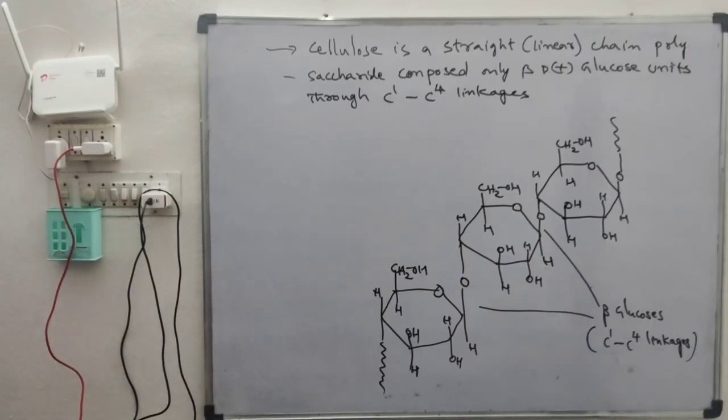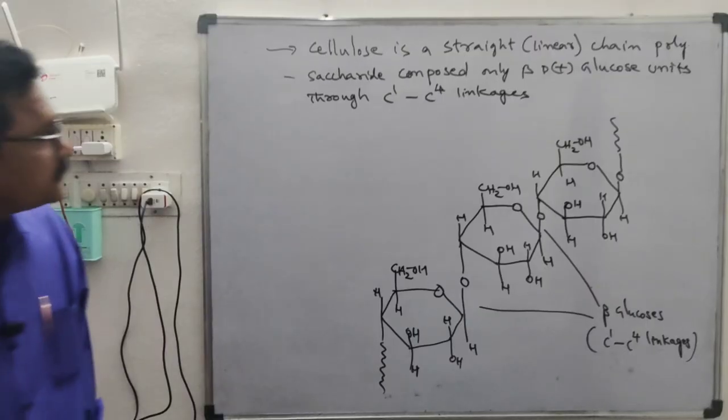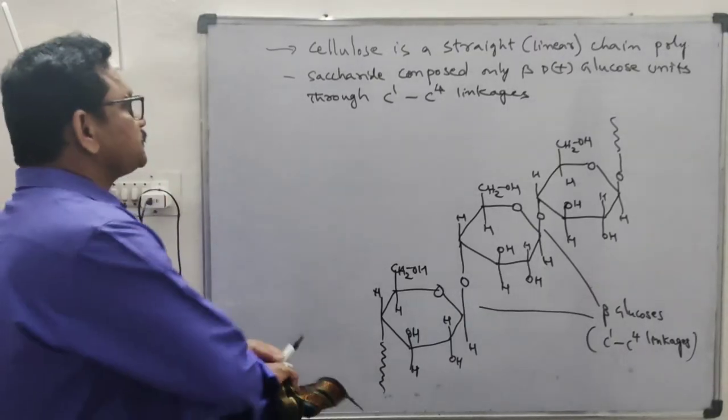So with this we completed cellulose. Cellulose is over. Then the second one, starch.